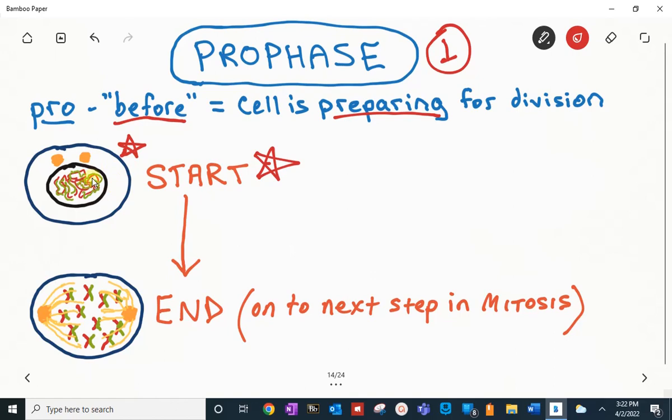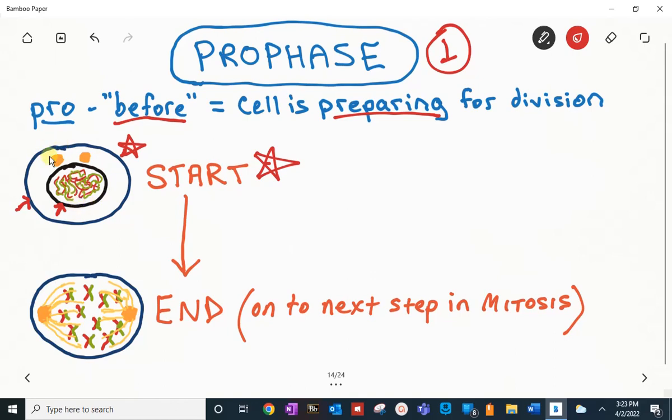This is your original cell, and this is the cell wall right here. And inside this black line, this is the nuclear membrane, the nuclear envelope, which is like the wall around the nucleus. And then within the nucleus are two sets of chromosomes in chromatin form, which we went over in the previous video.